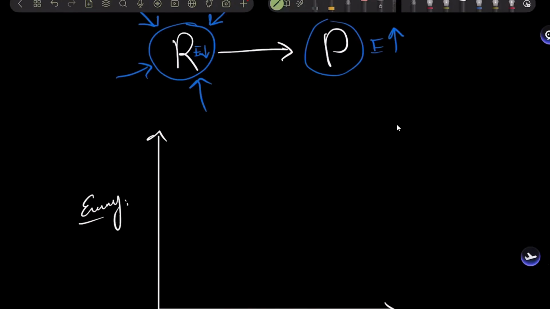But do consider their energies, because on the y-axis you have energies, right? The reactant had less energy compared to the product. So the reactant line should be lower and the product line should be higher in energy on the y-axis. So when you trace back to the y-axis, the product line is at higher energy and the reactant line is at lower energy.